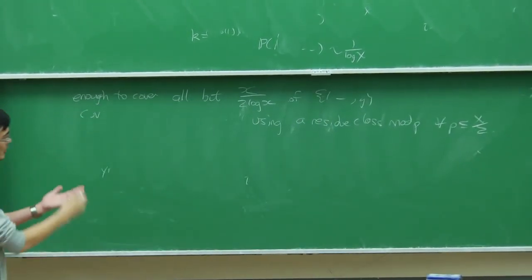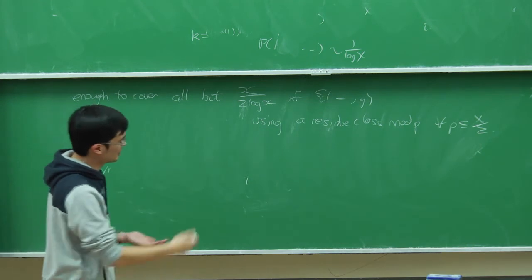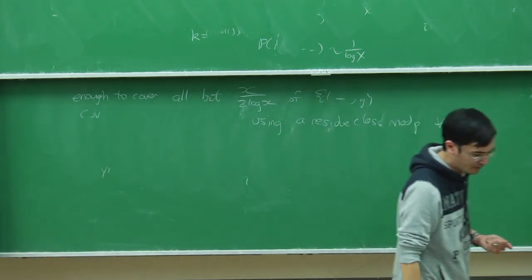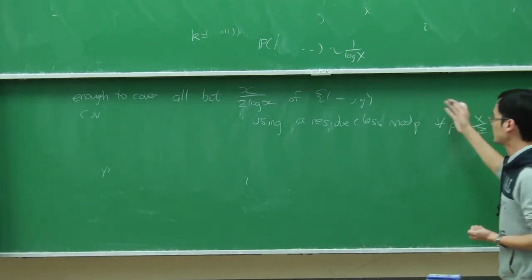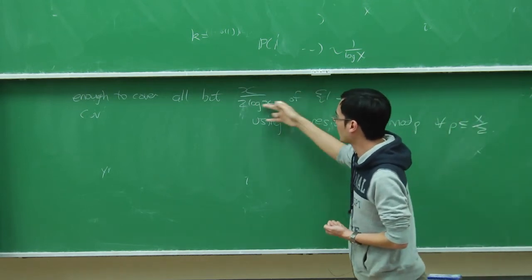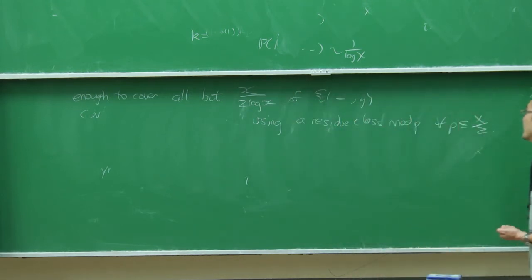Because suppose you shoot all your ducks using all your primes up to x over 2, and suppose you manage to knock down most of the ducks, but x over 2 log x ducks survive. You still have all the primes between x over 2 and x available to choose. And the number of such primes you have is about x over 2 log x.